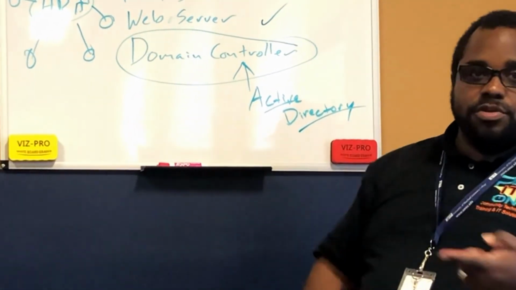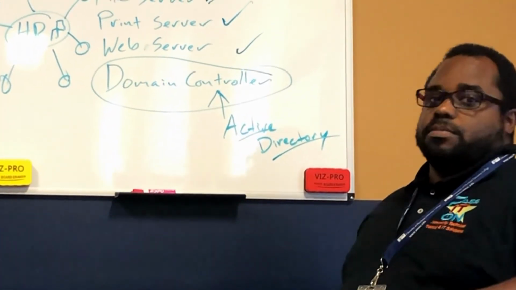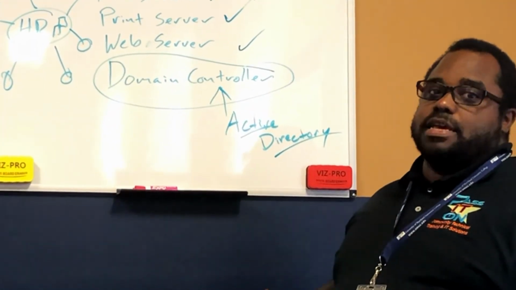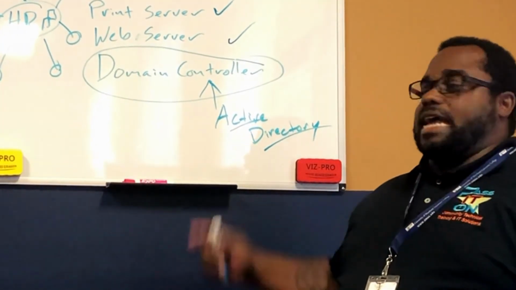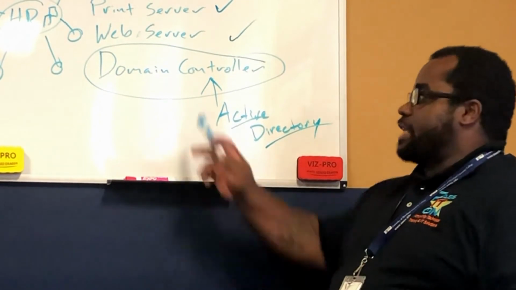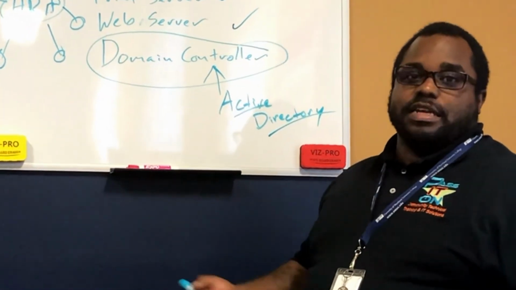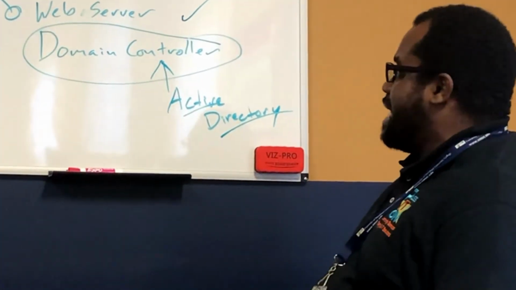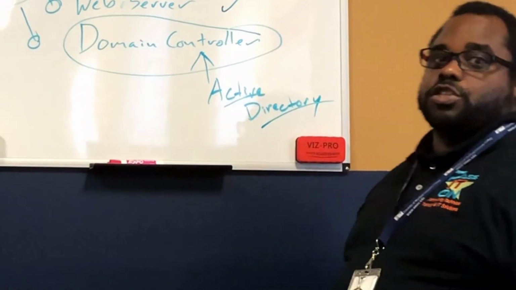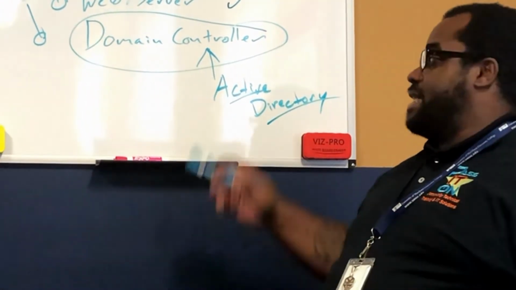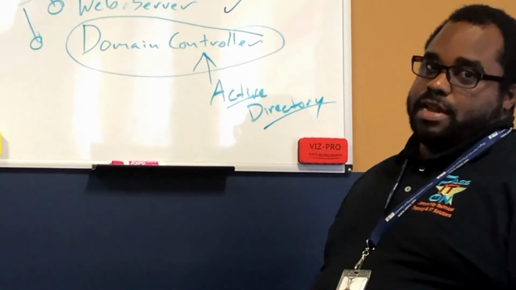Objects can include computers, user accounts, printers, basically anything that you create on your network gets a digital object that gets added to that Active Directory database. That's why this one is so important. The domain controller has the blueprint for your entire network laid out. And when you install the domain controller role on a server, it adds in that database and all of the tools needed to manage that Active Directory database.